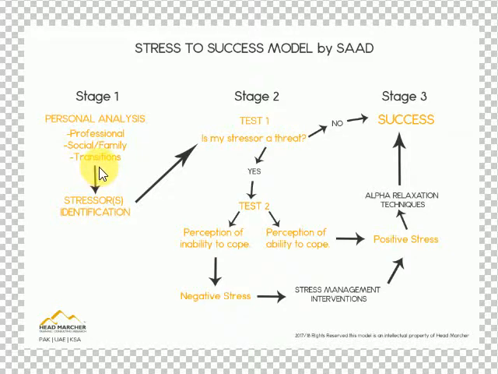That could be stressor number one. Then you have to compile and list down all the stressors in life in order to understand how you can actually manage those stresses and understand them well in life.